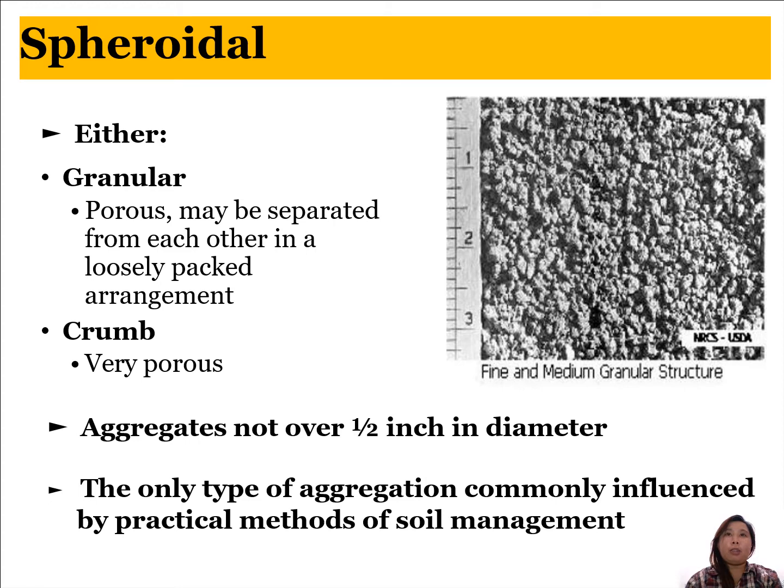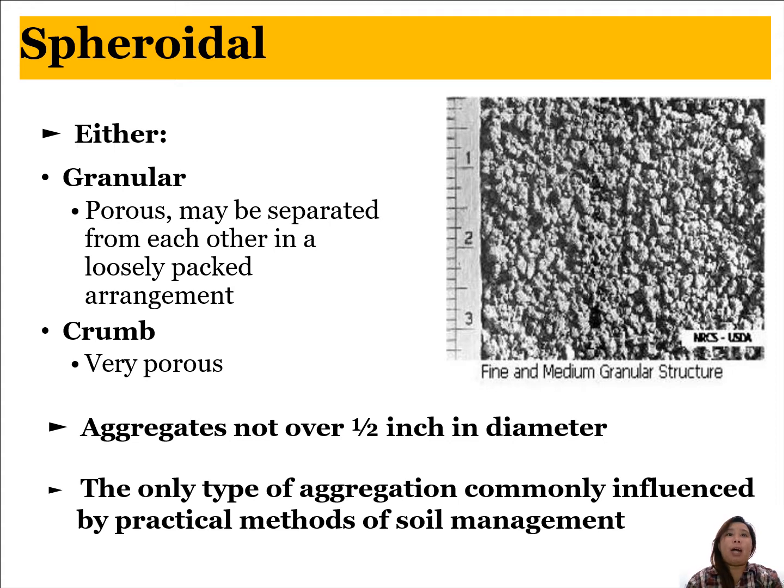Spheroidal soil structure is either granular, which is porous and may be separated from each other in a loosely packed arrangement, or it can be crumb, which is very porous. This soil structure contains aggregates that are not over a half inch in diameter.